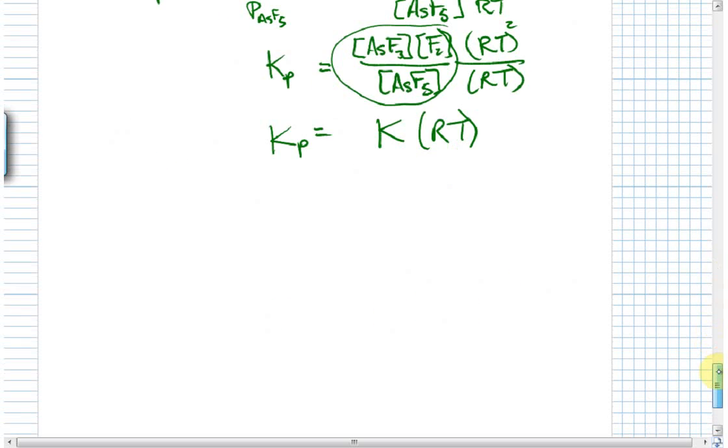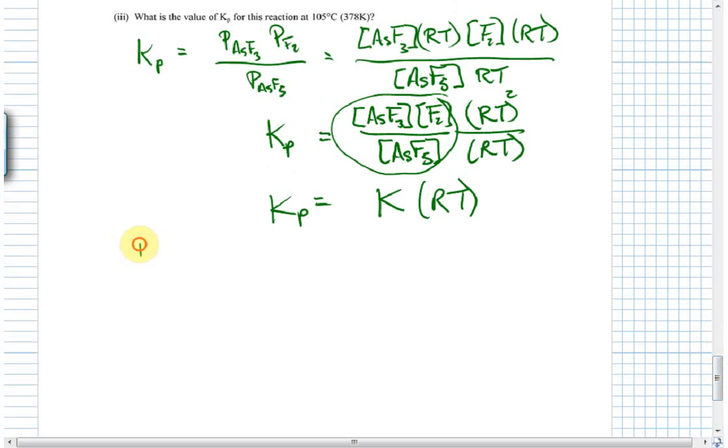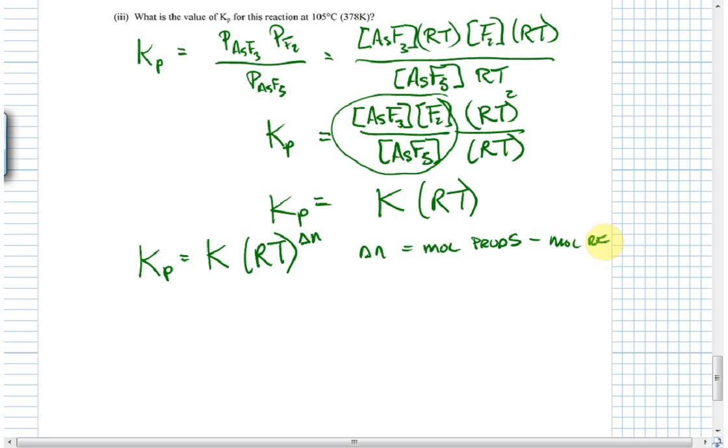All right? If you looked on your cheat sheet, there's also a little thing that said K sub P is equal to K times RT to the delta N, where delta N is equal to moles of products minus moles of reactants in the balanced equation.